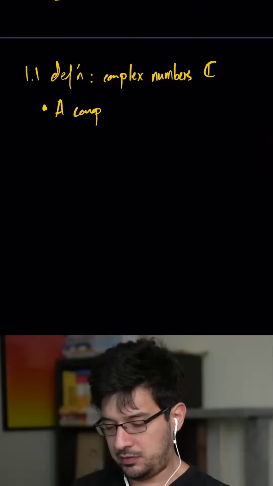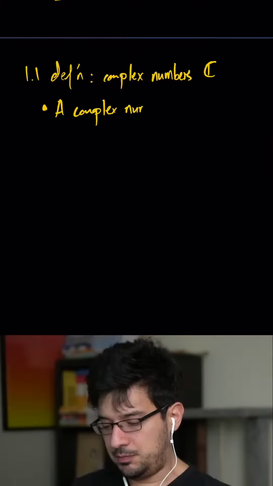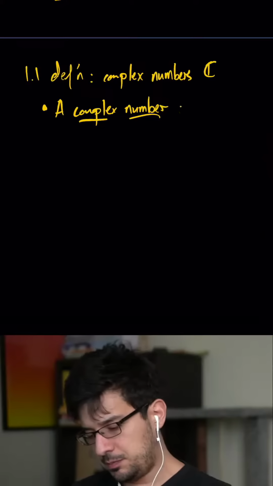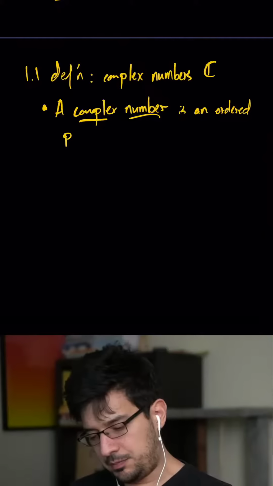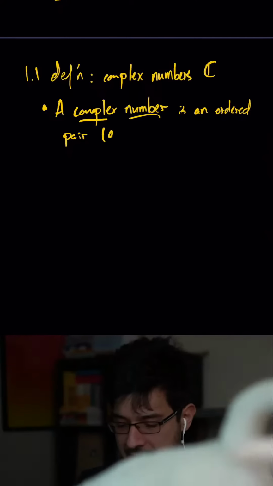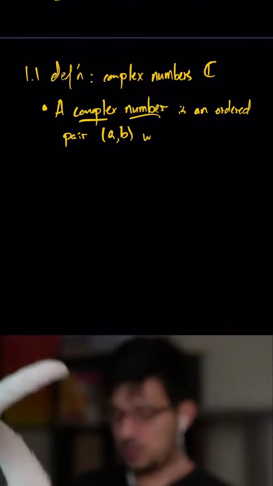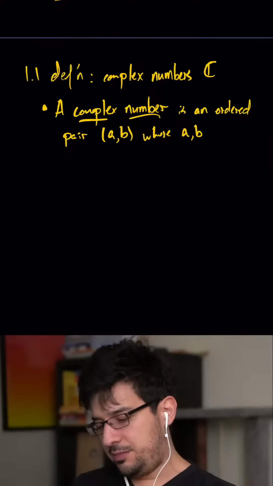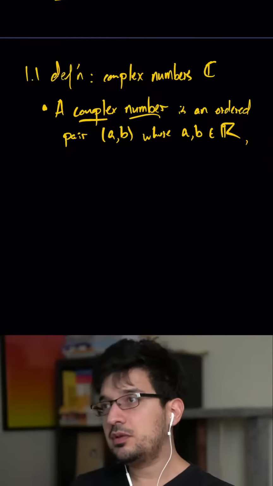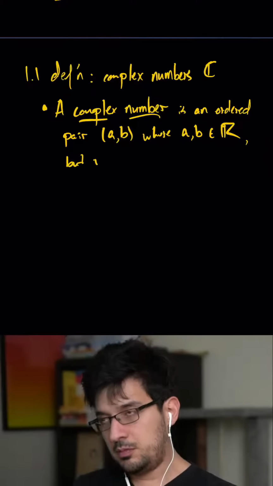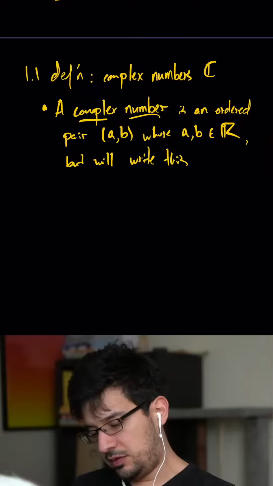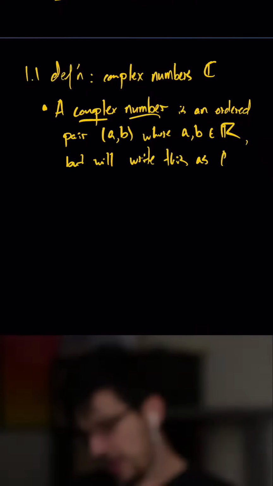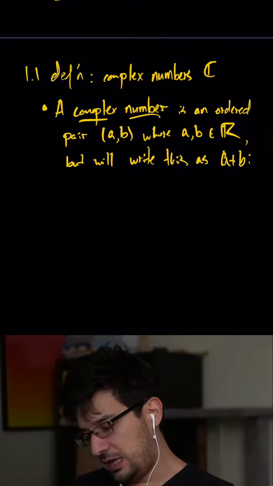A complex number is an ordered pair, (a, b), where a, b are both real numbers, but we will write this as a + bi.